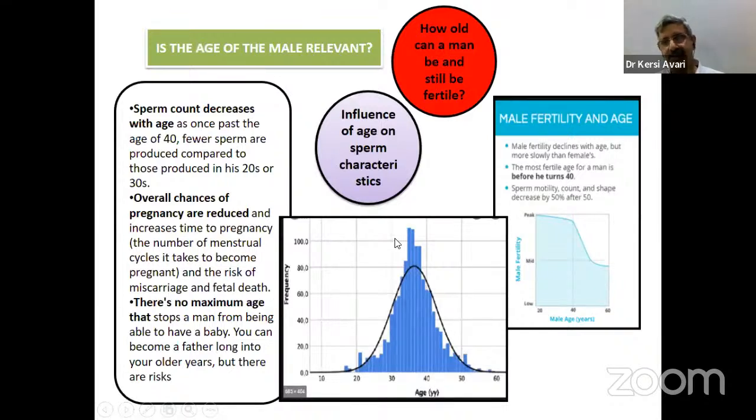In both cases, the sperm will be produced till age 60 or not, but the percentage decreases and the fertilizing capacity decreases, because there is no maximum age which can prevent a man from having a baby. But the older he is, the more risks he carries, because even chromosomal abnormalities take place in sperm, and the overall chances are reduced. So a man can be very elderly and still be fertile.